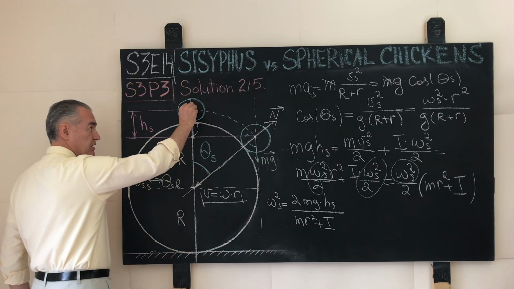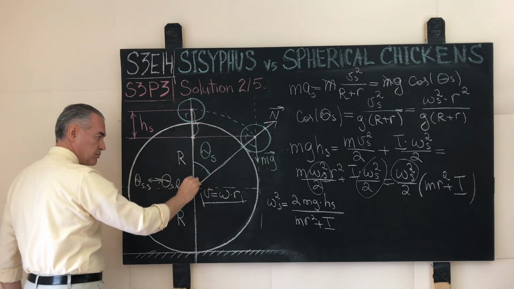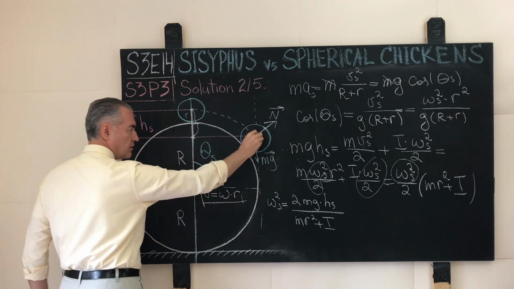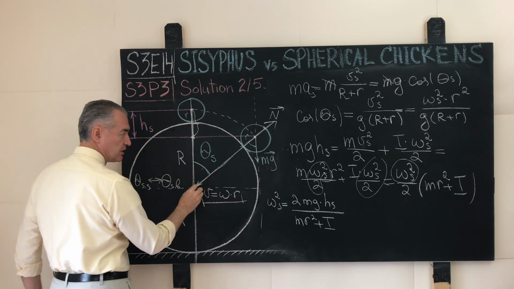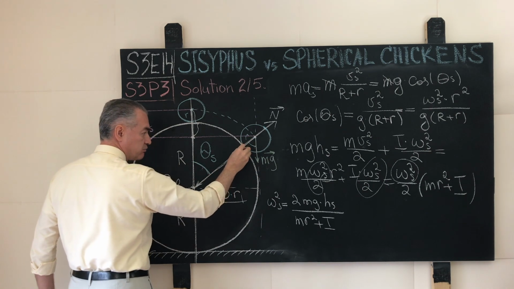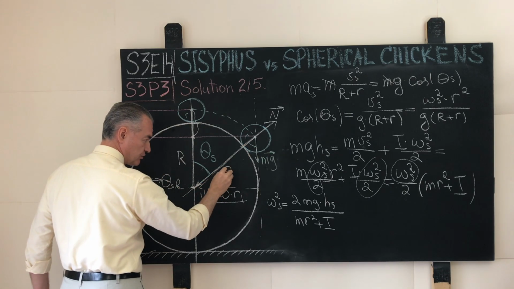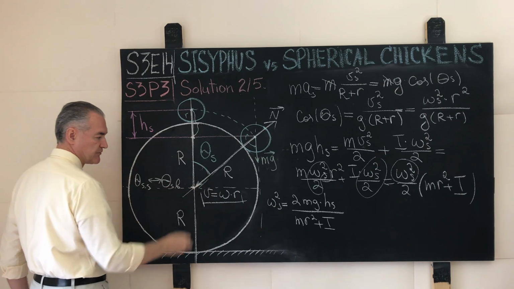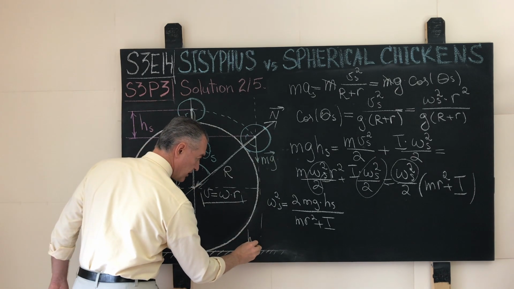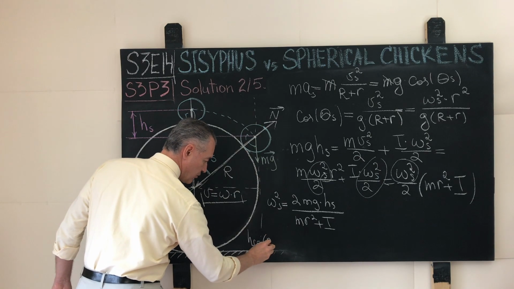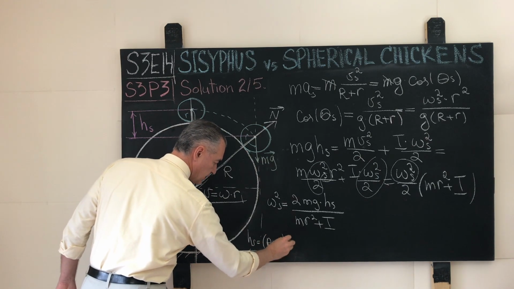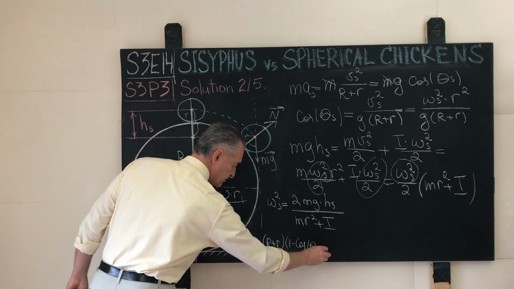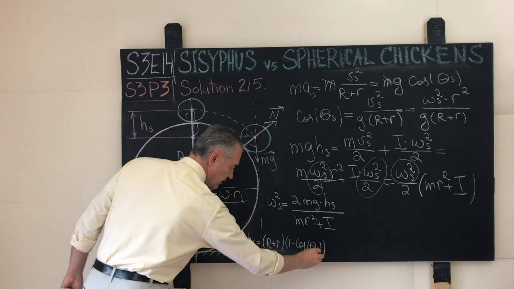Well, that's this distance right here, lowercase r plus uppercase R minus the projection of the same over the angle theta_s, so it will be lowercase r plus uppercase R times the cosine of the angle theta_s. Let's write it down over here. h_s is equal to uppercase R plus lowercase r times 1 minus cosine of theta_s.